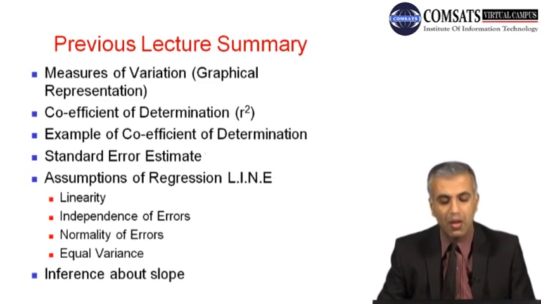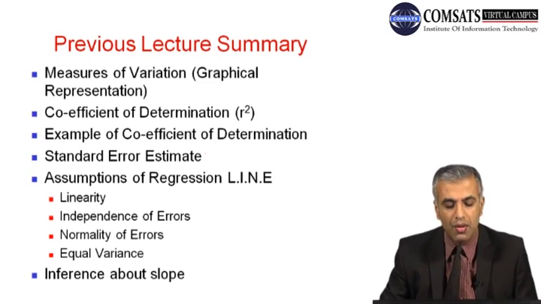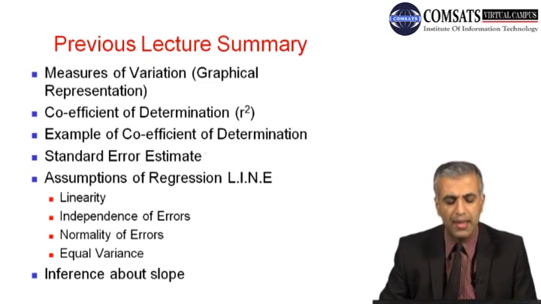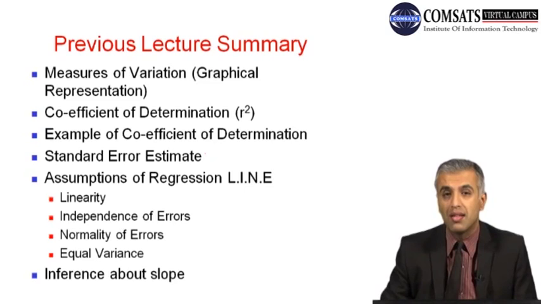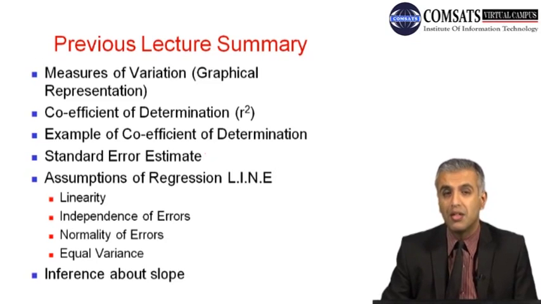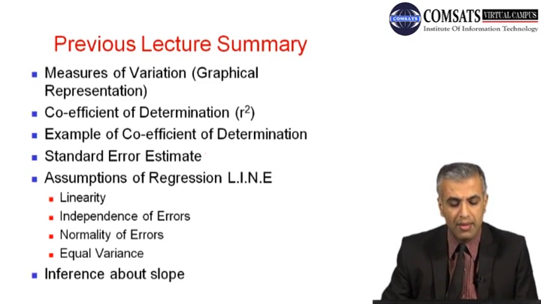The concept here is based upon linearity, and we discussed how linearity is important, and then there should be independence of errors. Likewise, the residuals should be normal, and there are conventional tools to check normality, which we have discussed before.